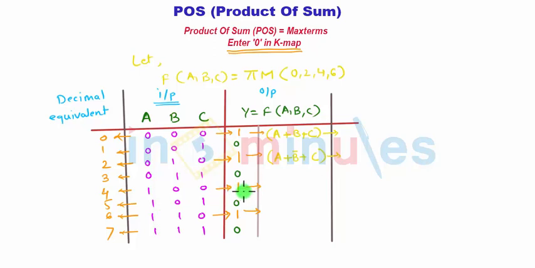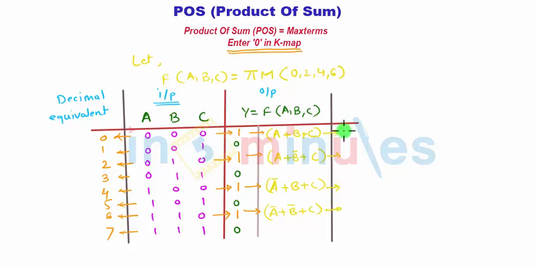For the fourth max term, I will write down a bar plus b plus c, and for the sixth one I will write down a bar plus b bar plus c. These are the four max terms I have got, and these max terms are represented as capital M suffixed with its decimal equivalent.